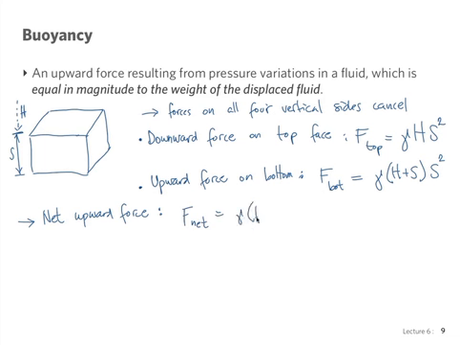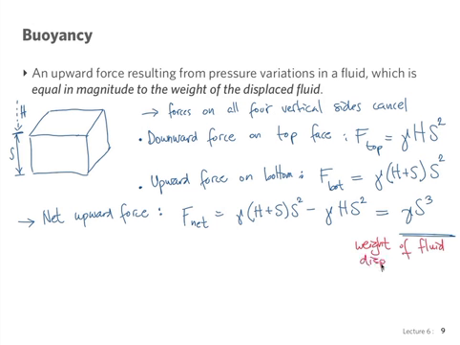So gamma times h plus s, s squared, minus gamma h s squared, or simply gamma s cubed, which is the weight of the fluid displaced, the volume of the cube multiplied by gamma. So we can see quite easily that what we were expecting applies for a cube, just using our hydrostatic equation.